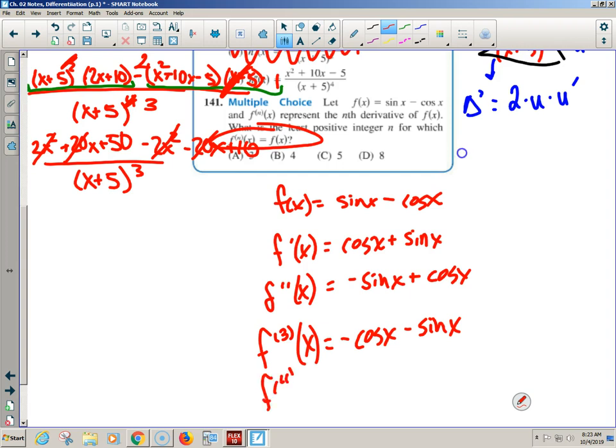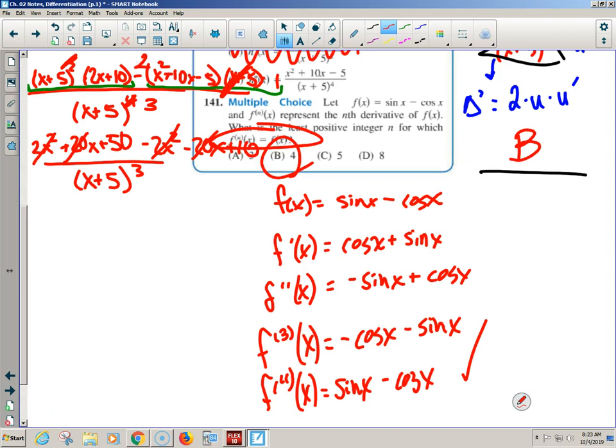Maybe the fourth derivative. There are strategies that would get you there eventually, but to be honest, I think it's faster just to derive. Derivative of cosine is negative times a negative, positive sine, and derivative of sine is cosine. Woo! That means B.